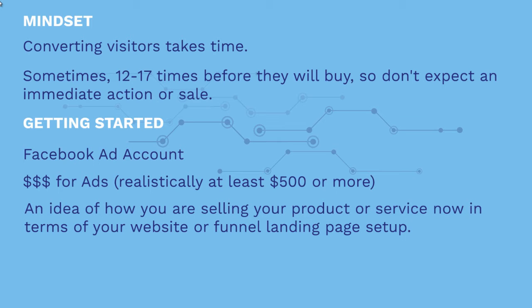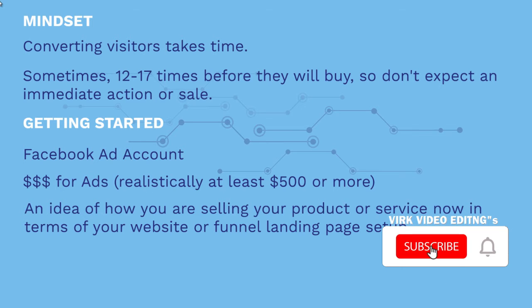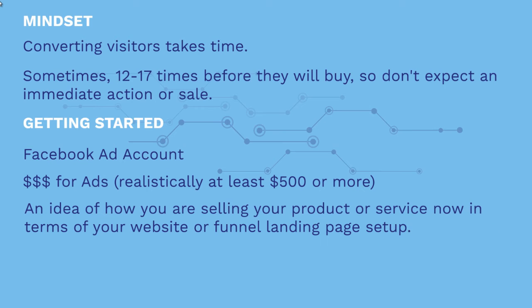You'll also need to have an idea of how you are selling your product or service in terms of your website, in terms of your funnel landing page setup, meaning how many pages do you have in your funnel? Do you have 3? Do you have 4? Do you have 5? You want to have an idea of that before you get started, because it'll start to make sense once I show you around.